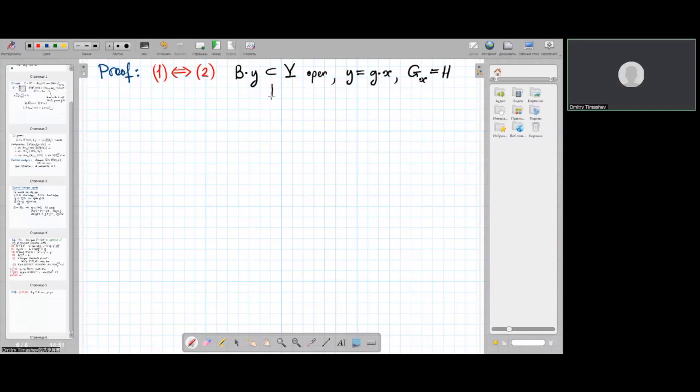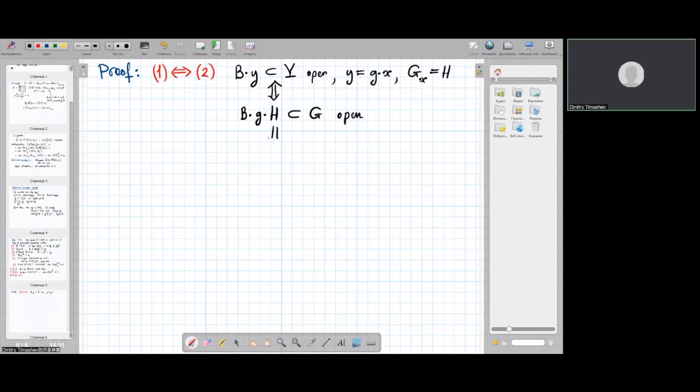This is if and only if the following product set B times G times H is open in G. Because Y is a quotient space G mod H, and a set in Y is open if and only if its inverse image in G is open, because of quotient topology.